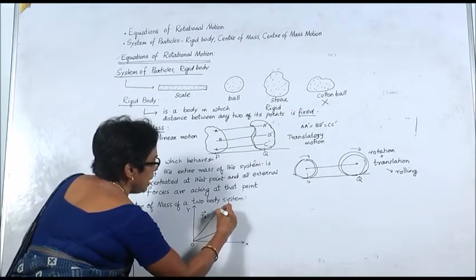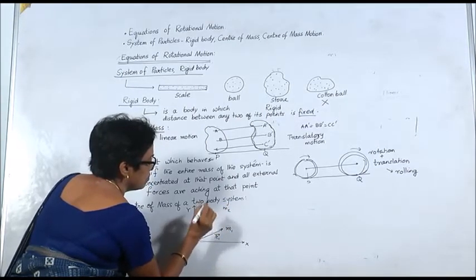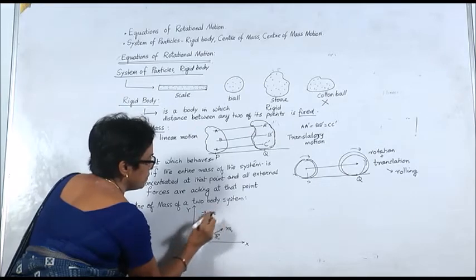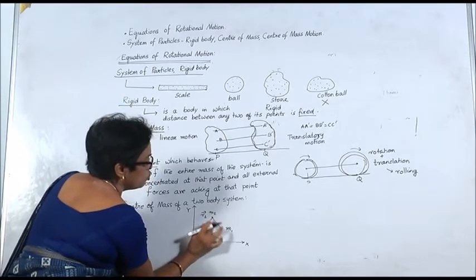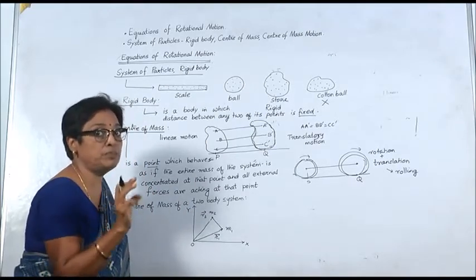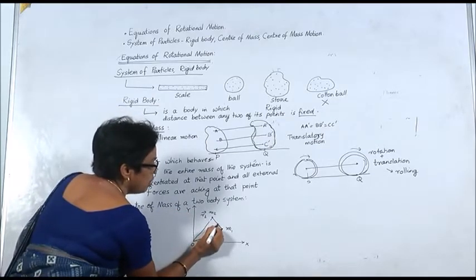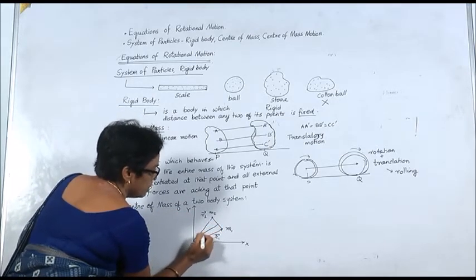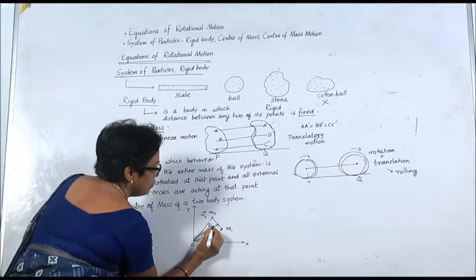Then the center of mass will be somewhere here. If you join these 2 masses, the center of mass will be somewhere in between. If there are 2 bodies, then the center of mass is a point between the 2 masses. Its position vector, let me write it as RCM.